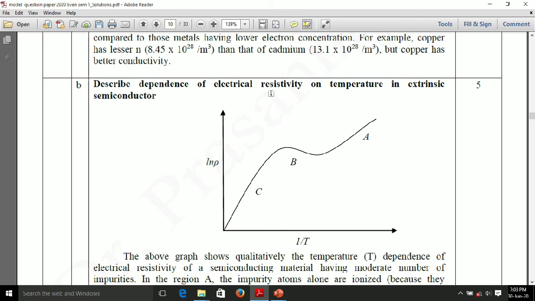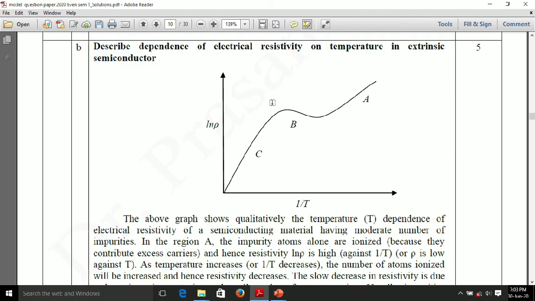But here the question is only about the extrinsic semiconductor, so you need not write everything that I explained earlier. In this case you have to draw the graphical diagram related only to the extrinsic semiconductor. This is the curve at low temperature, this is at the intermediate temperature, and this is at the higher temperature.